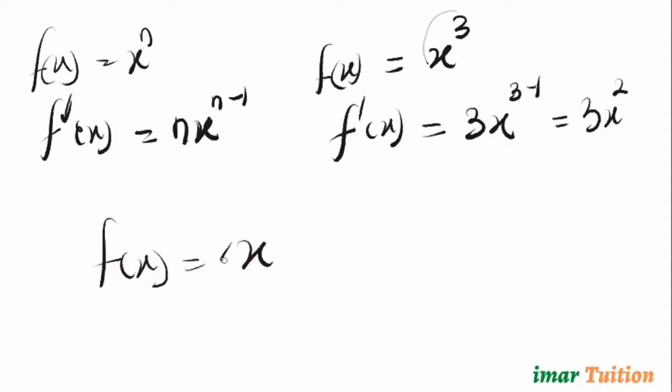f(x) equal to 4x squared minus 3x to differentiate. You differentiate this and differentiate this separately.